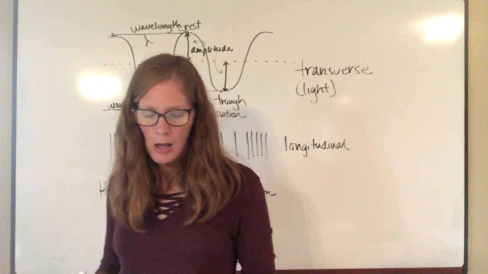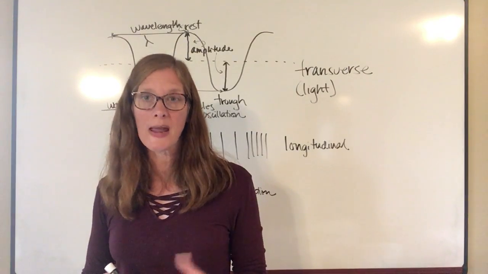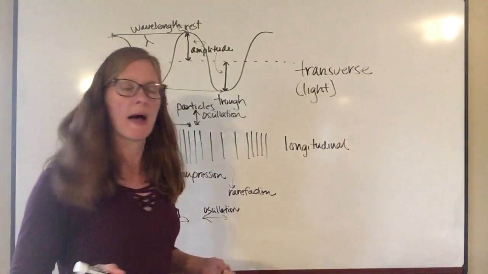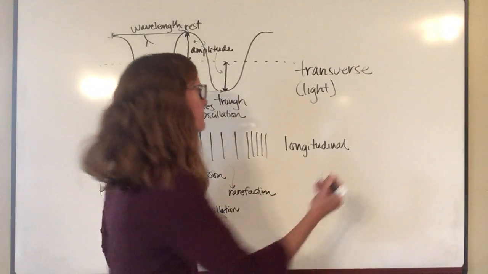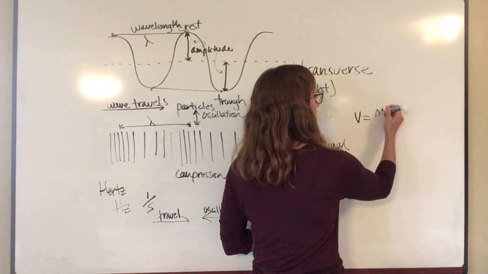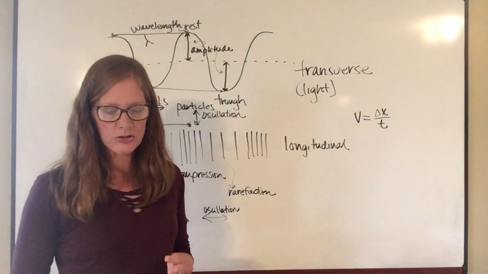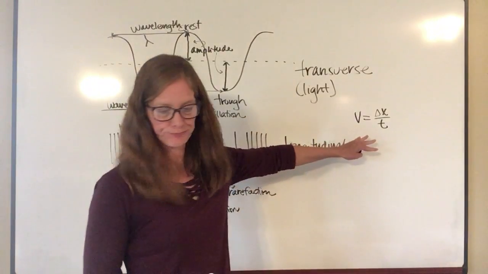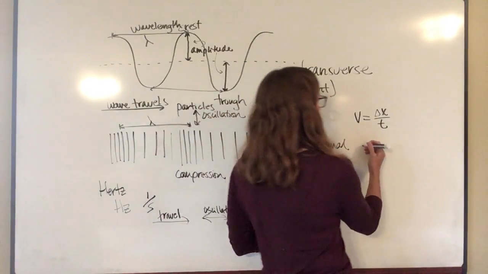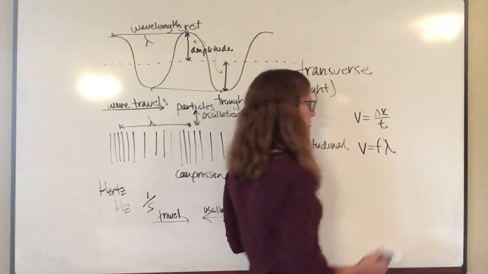Okay. Now, the one other thing that we need to hit here is wave speed. When we think about velocity, like we've been talking about it before, velocity is displacement over time. When we talk about waves, he puts this formula in a slightly different format.